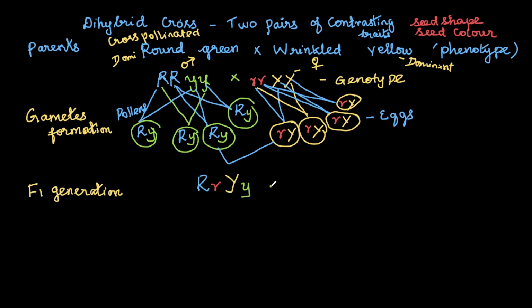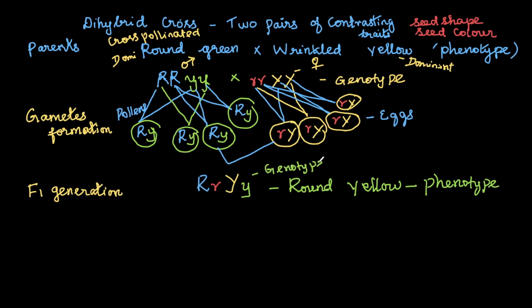So all will be round yellow. The phenotype of the F1 generation will be round yellow. Phenotype means physical appearance. So if asked the phenotype of the F1 generation of a dihybrid cross, you have to write round yellow. For the genotype, you have to write capital R, small r, capital Y, small y.